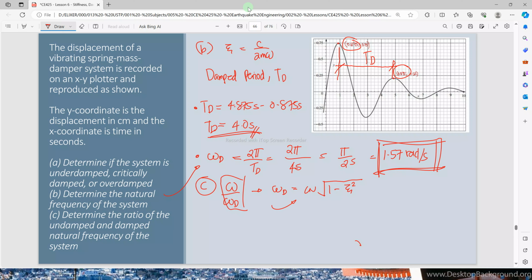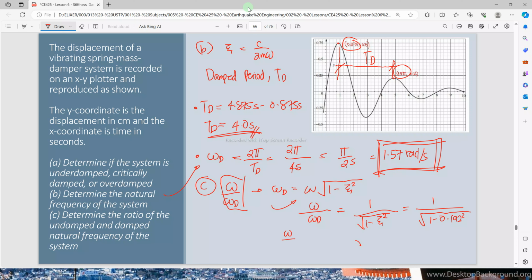From this formula, the undamped natural frequency over the damped natural frequency is just equal to square root of 1 minus damping ratio squared. So we just substitute the damping ratio: 1 minus 0.192 squared.